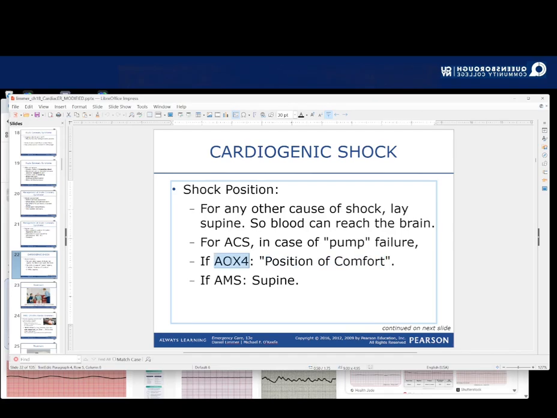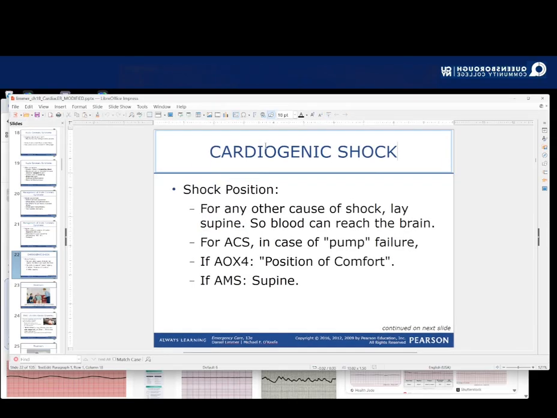This is only true as long as the brain is getting enough blood so that it's working properly. When the brain no longer gets enough blood to work properly, then the blood flow to the brain is inadequate. Now you have to put him supine. So to recap, most all shock, other causes of shock, it's put the patient supine.